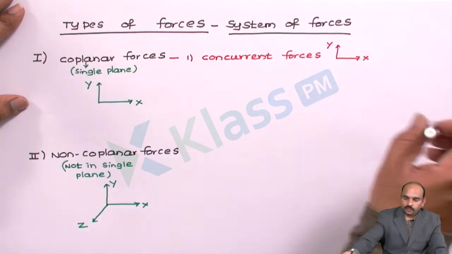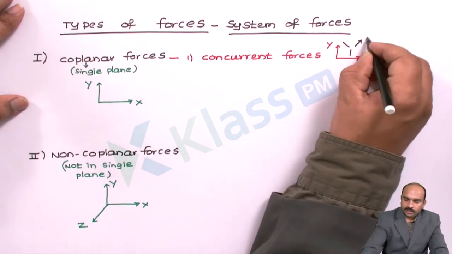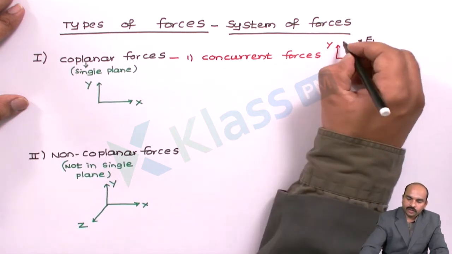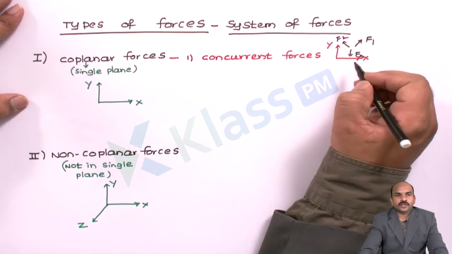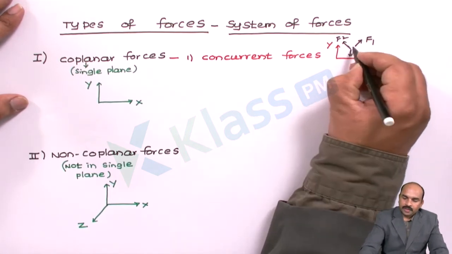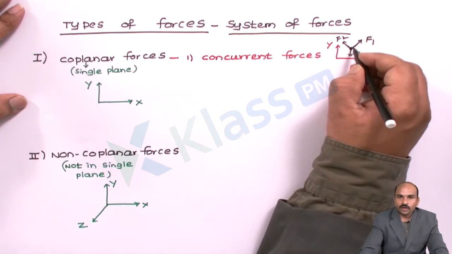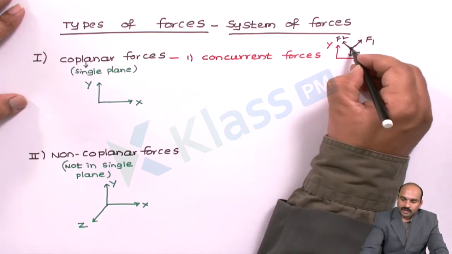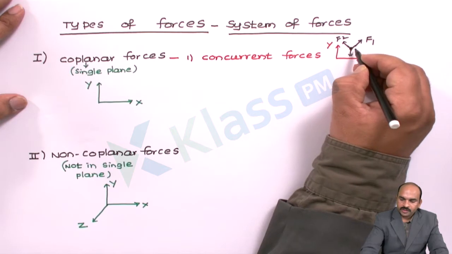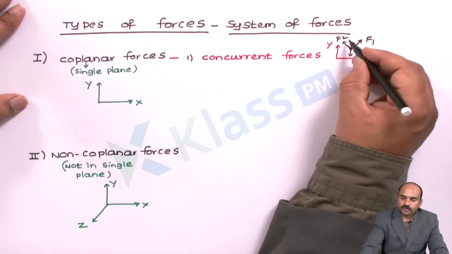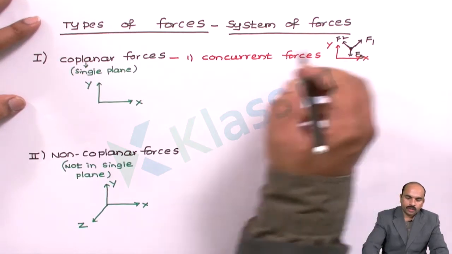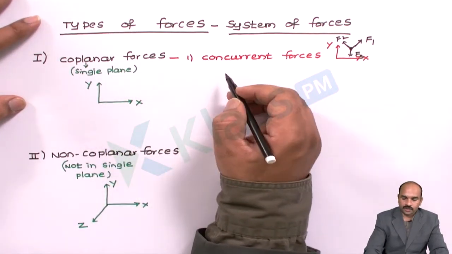Now there are forces like this, let the forces be F1, F2, F3. These three forces are in the same plane. By extending the line of action of all the forces, if they are meeting at a common point, we say these are concurrent forces, and all the forces are in the same plane. That's why we say coplanar concurrent forces.